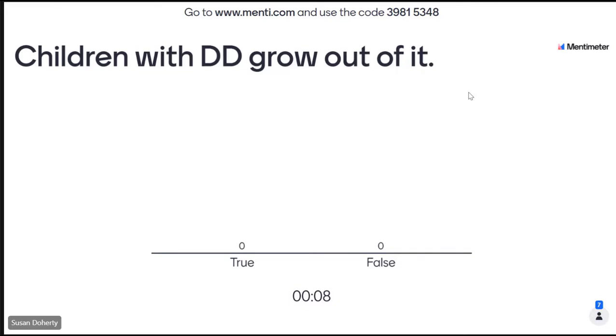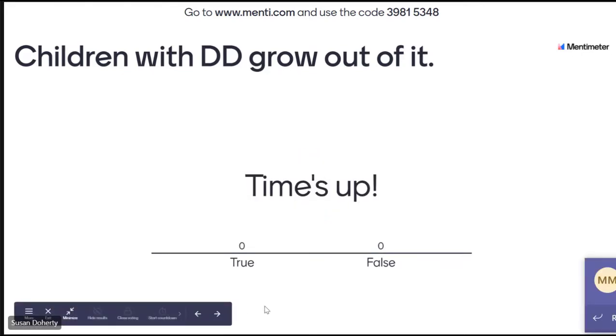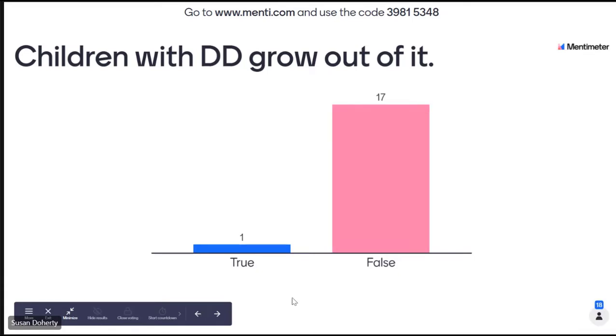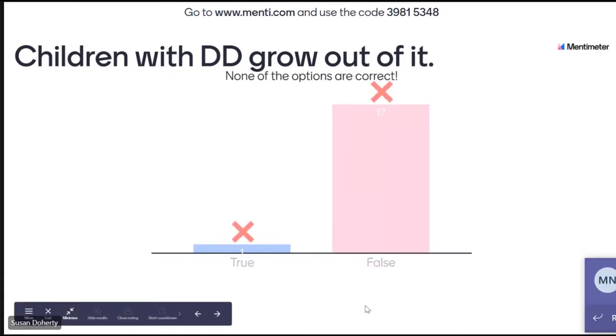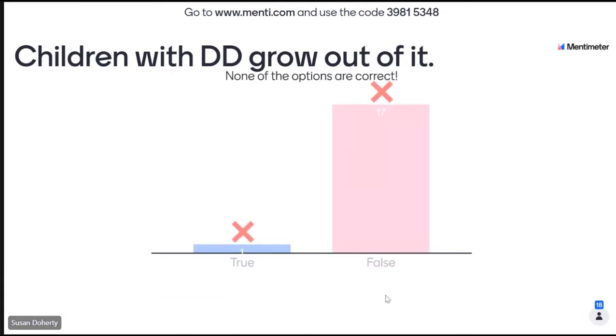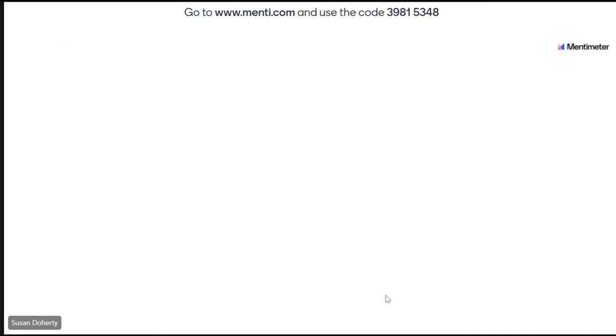Do we think that's true or false? You need to be very quick. Sorry, I did not know there was a timer on that. That's okay. We're going to talk more about this, but the majority of children do not grow out of developmental dyscalculia. Let's see the next one. It doesn't matter, we'll just see what people believe.